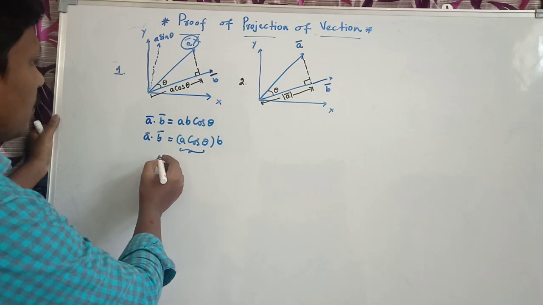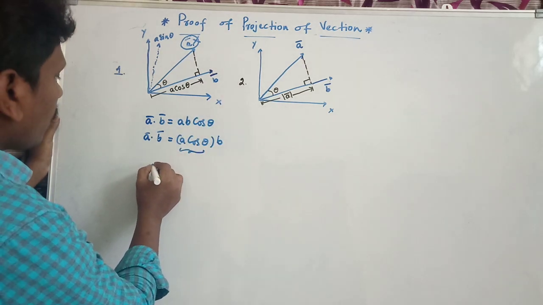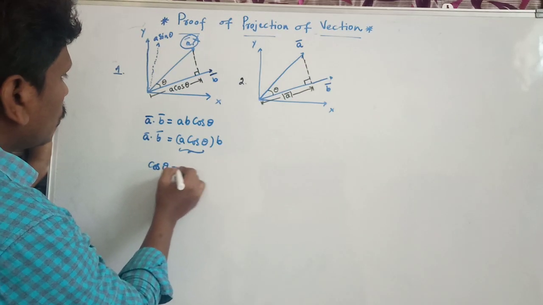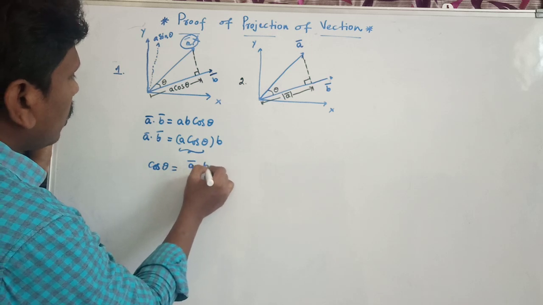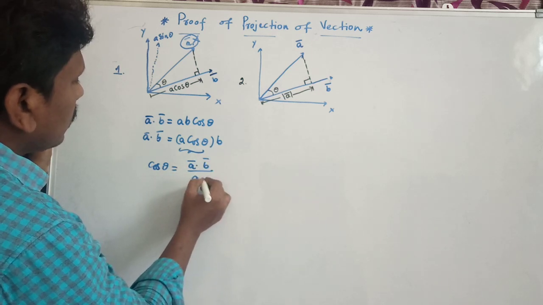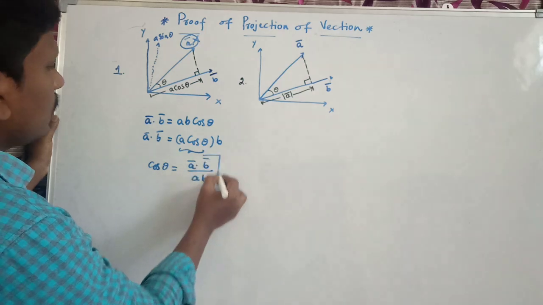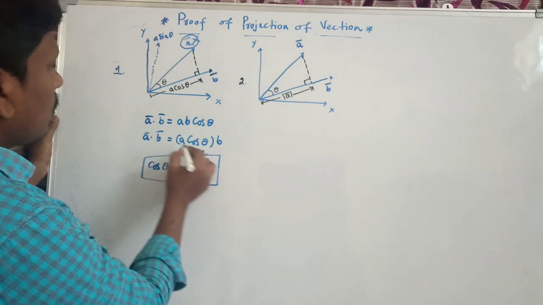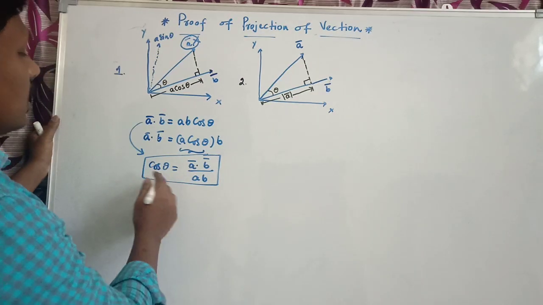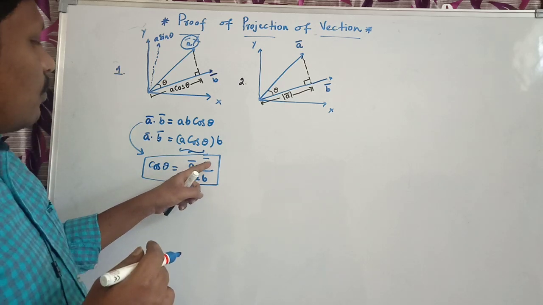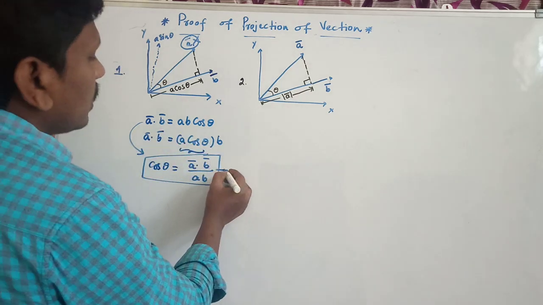From this we can write cos theta is equal to a bar dot b bar by ab. Let us consider this equation 1.